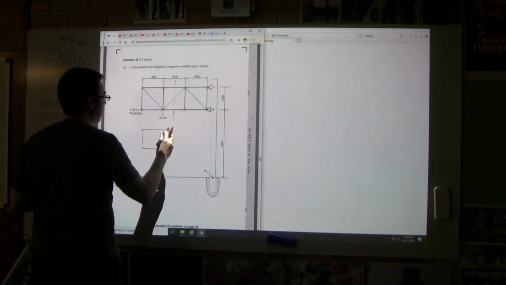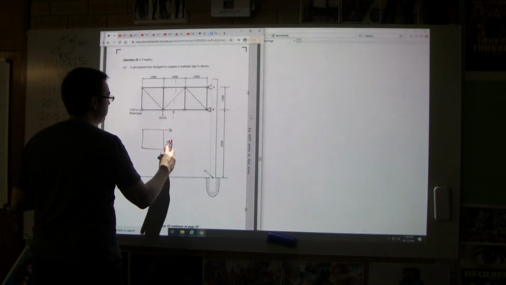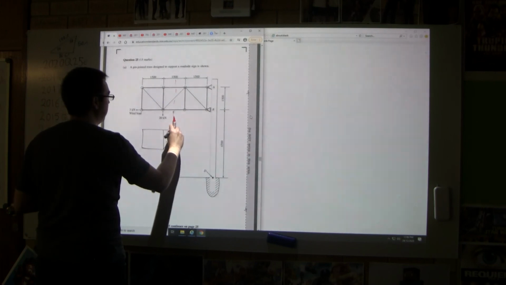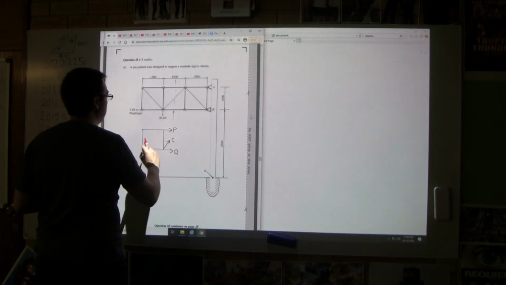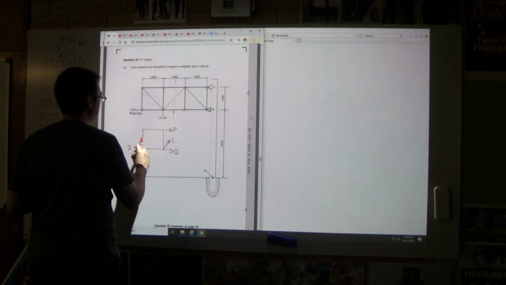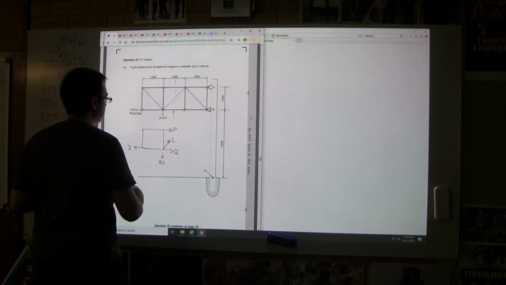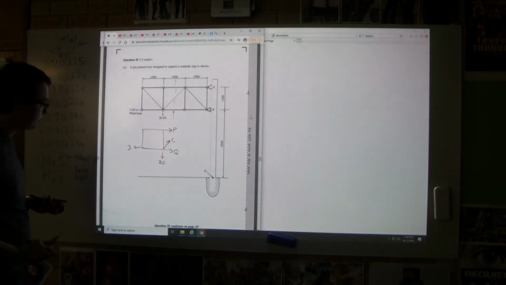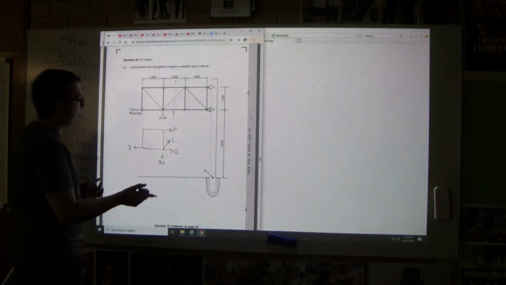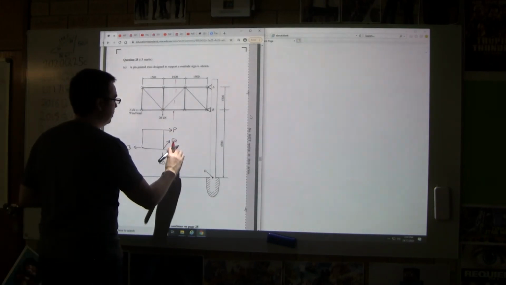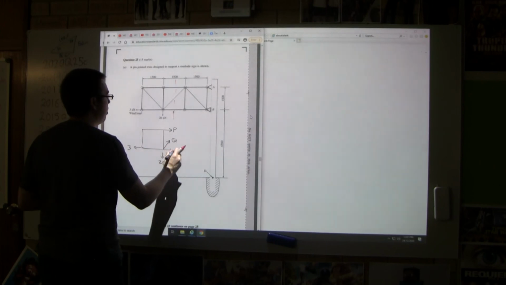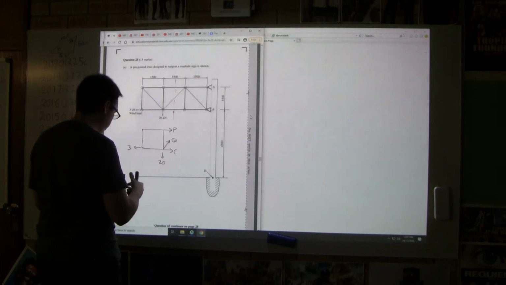So, I then draw arrows out of each point, and I'm going to call this one P and this one Q as my convention. And I've got 3, and I've got 20. Oh, I'm liking this question. Okay. Now, here's the problem. Sorry, this is Q and this is C. I'm finding this guy C, which I said I'd put in blue.